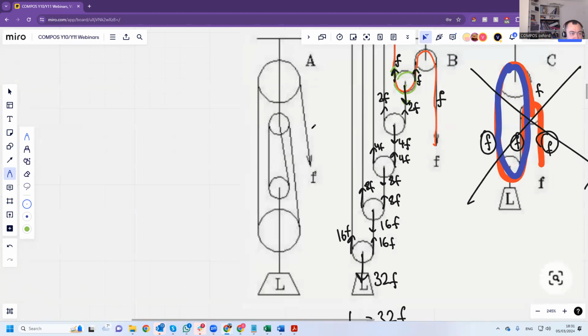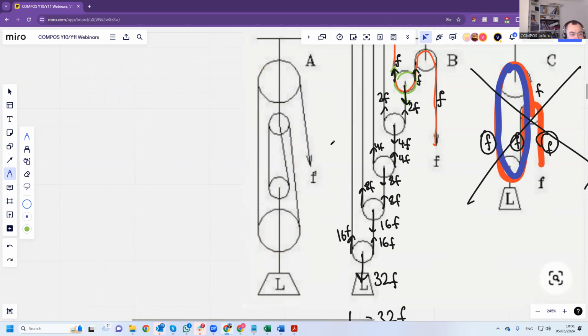And this might not work either, but let's check. Let's trace the rope. Looks like it's the same rope all over again. So it's the same rope.